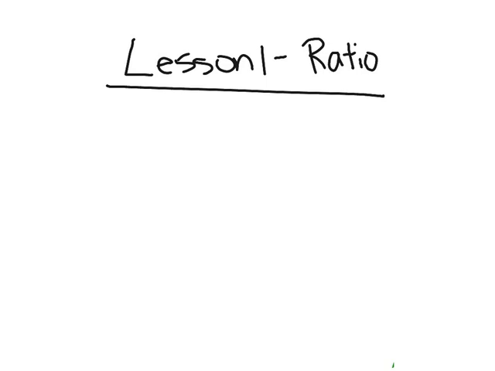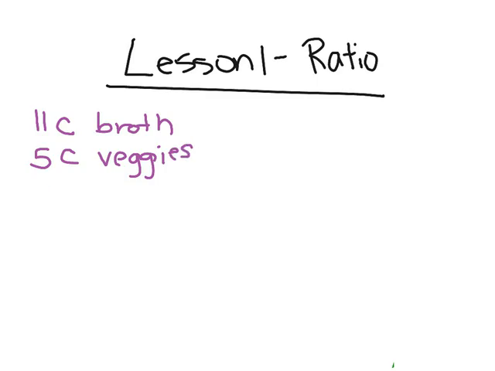Next, we're going to set up our own ratio. So first you have to decide if your units are the same, and then you set up your ratio with what you're comparing. So Charles works as a cook in a restaurant. His chicken soup recipe contains 11 cups of broth, 5 cups of diced veggies, 3 cups of rice, and 3 cups of chicken.